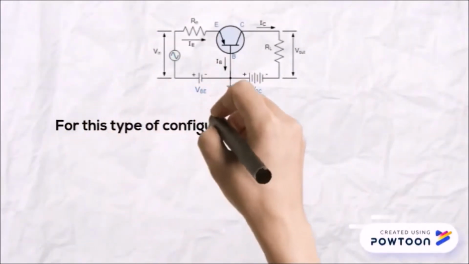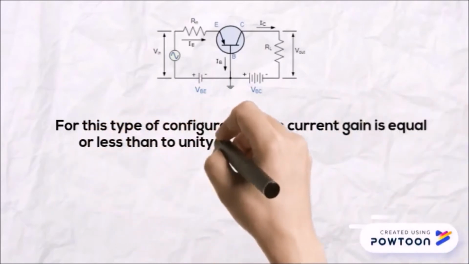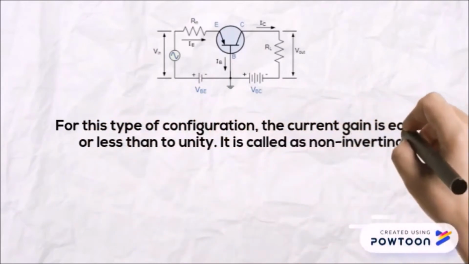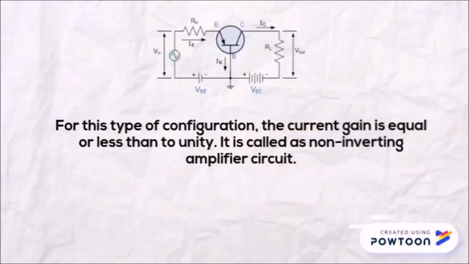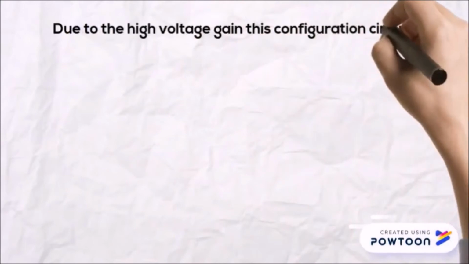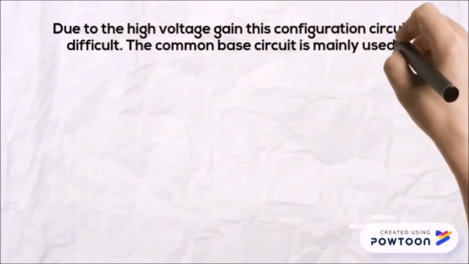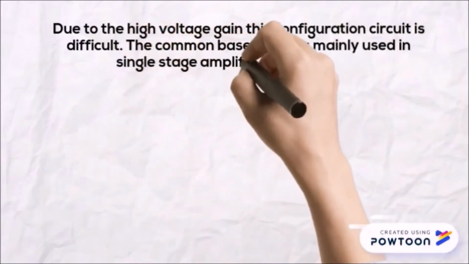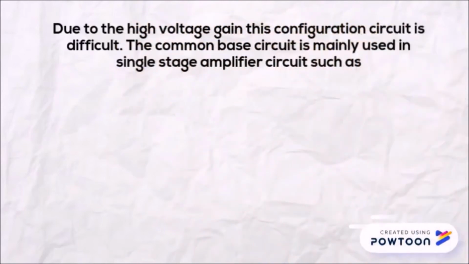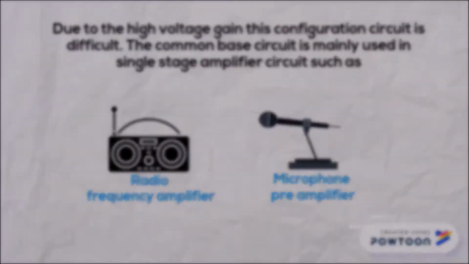For this type of configuration, the current gain is equal to or less than unity. It is called a non-inverting amplifier circuit. Due to the high voltage gain, this configuration circuit is difficult. The common base circuit is mainly used in single-stage amplifier circuits such as microphone preamplifiers and radio frequency amplifiers.